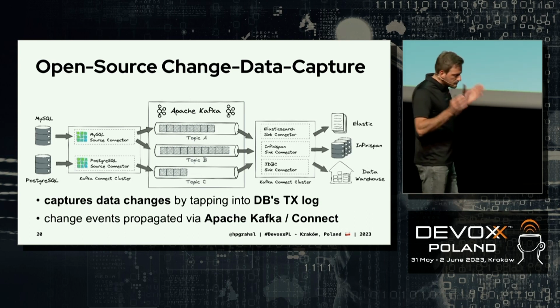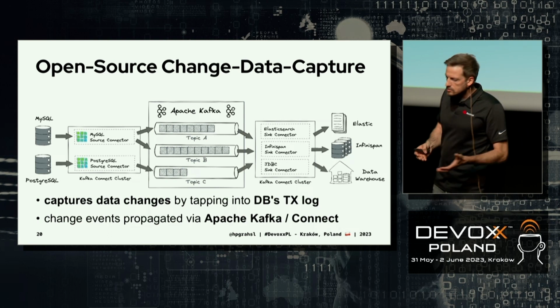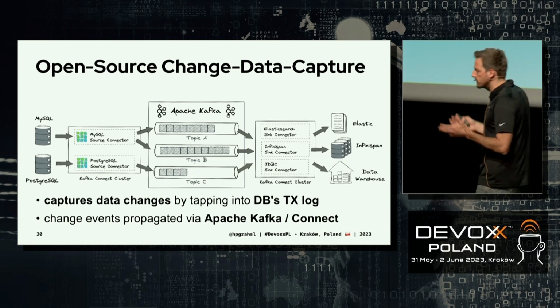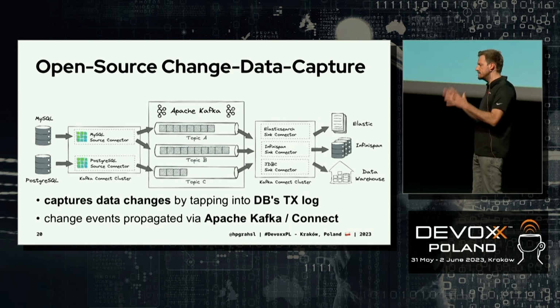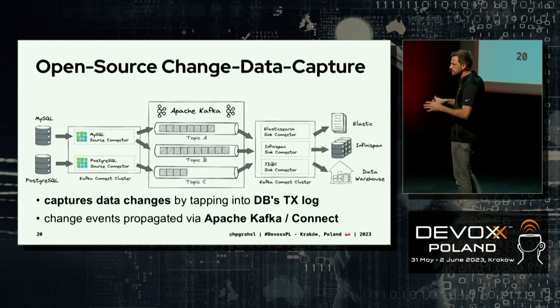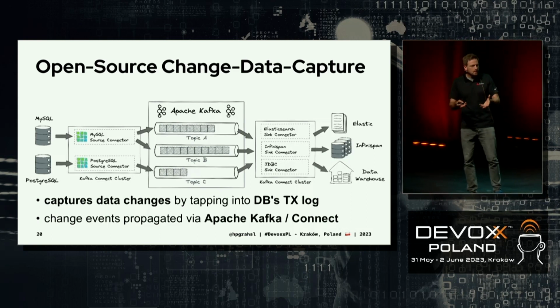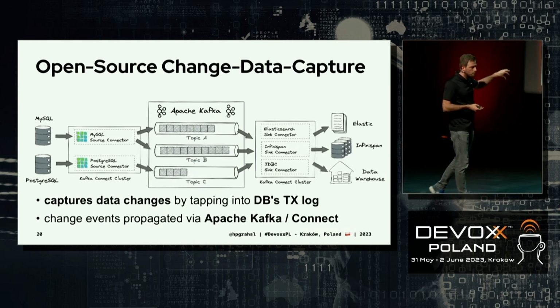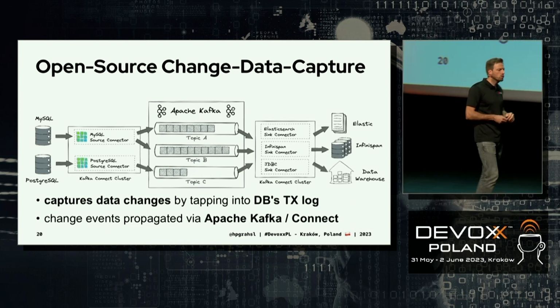In my experience, most deployments of Debezium are happening in the context of Apache Kafka and Kafka Connect. The way this works is that Kafka Connect in that case is a runtime. We use those Debezium connectors. Within a Kafka Connect cluster, they will be started and they will do the job of bringing data changes from the particular database into corresponding Kafka topics.